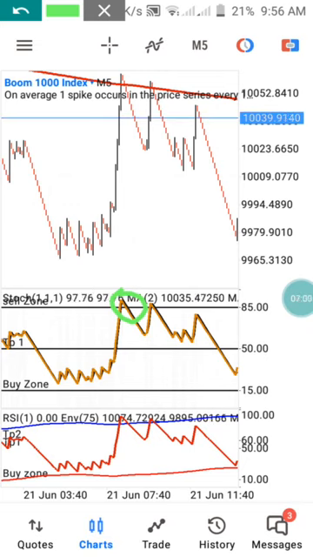So we have another confirmation entry at this particular area. We have it respect that 85 level, and we also have the second indicator window also respect that area, which we see after this long spike. You see what happened here after the long spike. I also told you guys in this video that anytime we have a long spike, there's always a reverse in the market.